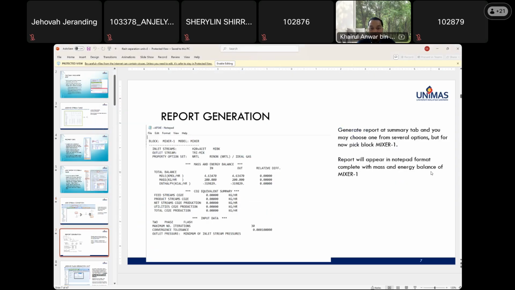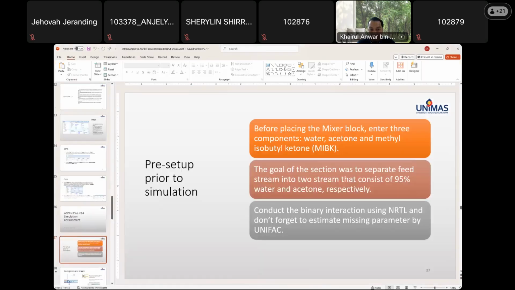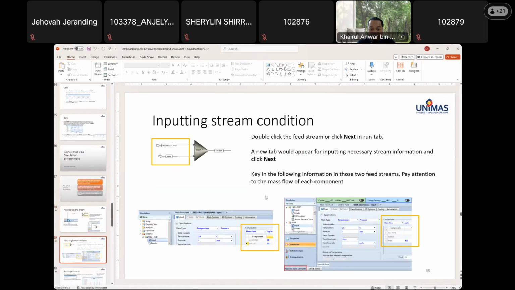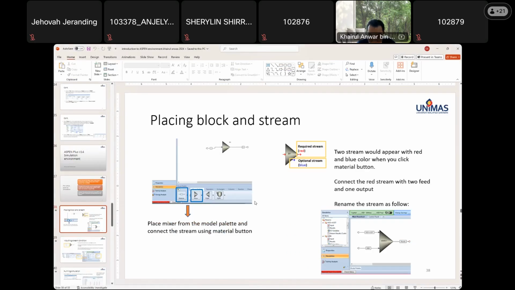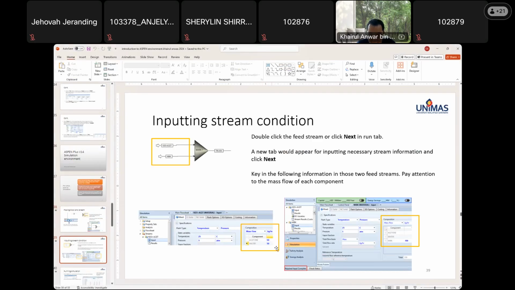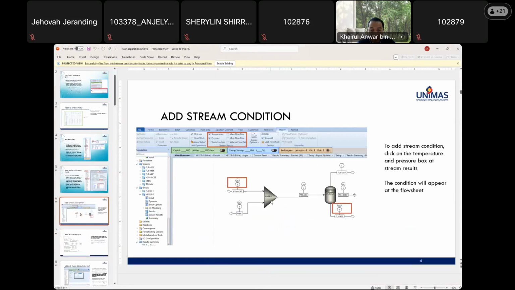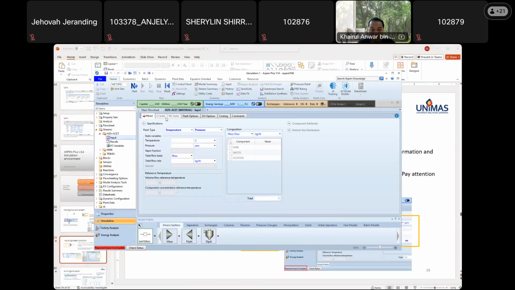So the condition for each stream is 50 water, 25 in my case. This is okay.